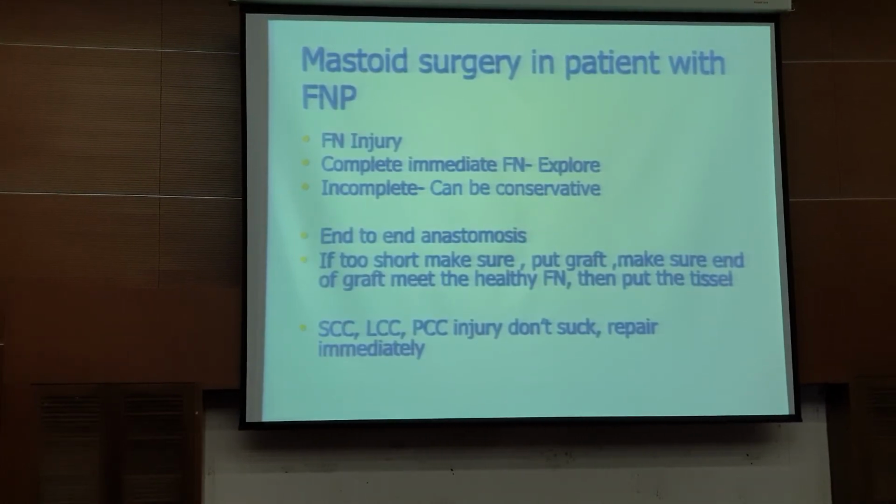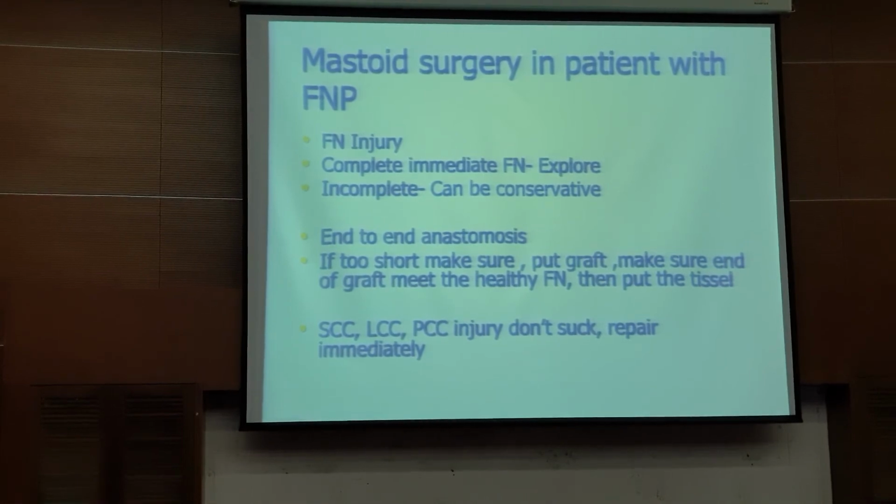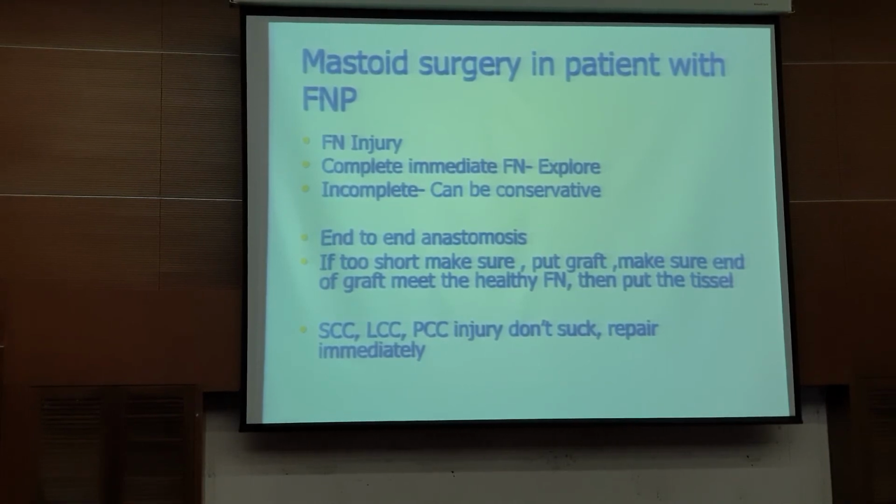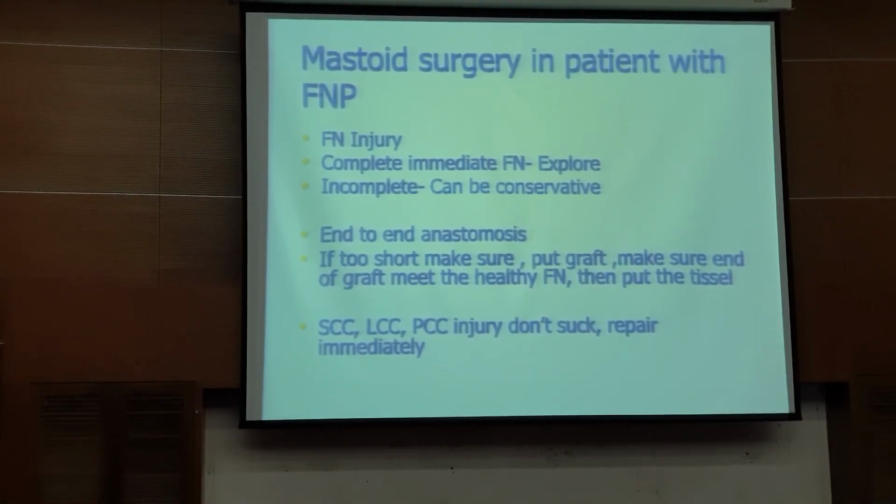Then you look at the surgery in patients with facial palsy. Okay. If the patient has cholesteatoma and presents to you with facial palsy, pre-operatively facial palsy grade 3. Okay. So the consent here is to eradicate the disease, to restore the hearing, and at the same time to improve the facial nerve.